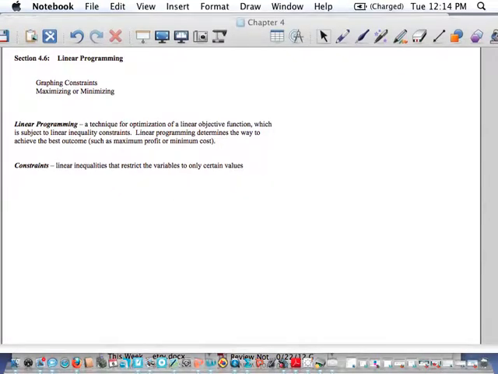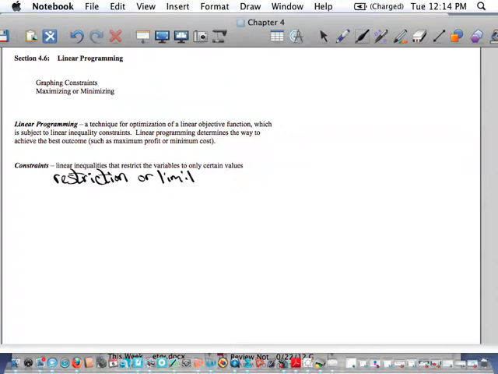So let's look at a couple of those keywords there. One is the idea of a constraint, and a constraint is a linear inequality that restricts the variable to only certain values. So this is a restriction or a limitation. Okay.